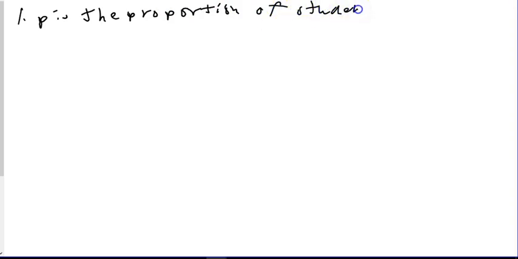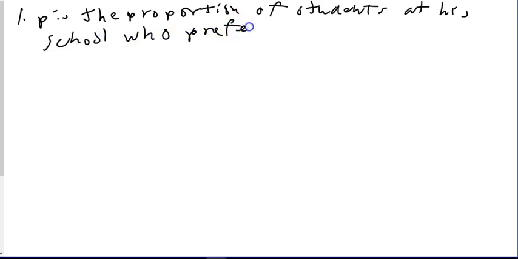In the book, you'll see it's the proportion of this kid's school who prefers name brand chips. So for number 1, P is the proportion of students at his school who prefer name brand chips.